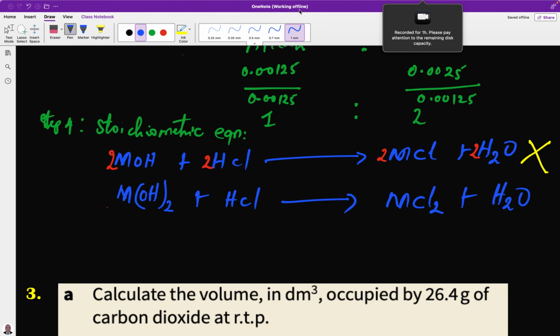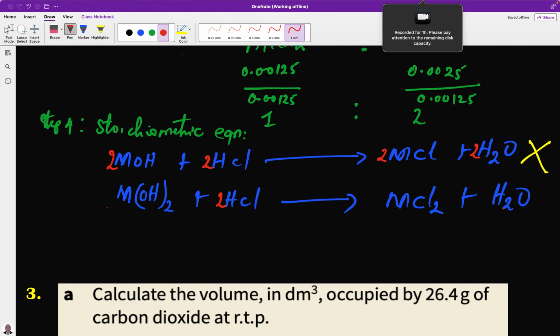Let's balance it to see. We have 2 chloride here, so we have to put a 2 here. Then the OH here will be 2, and there is a 2 here.